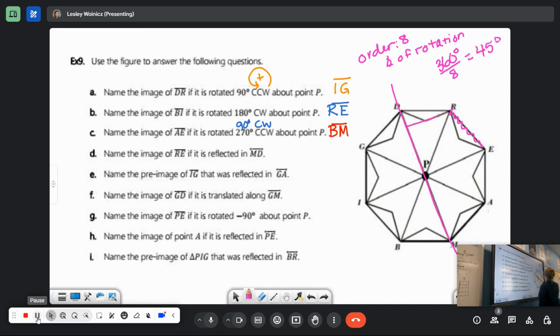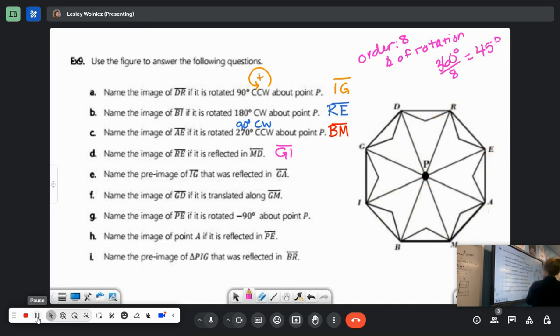You see that I end up, my R lands on G if I do perpendicular distance? Everybody see it? So R goes to G. What about the E? Goes to I. Good. In that order.